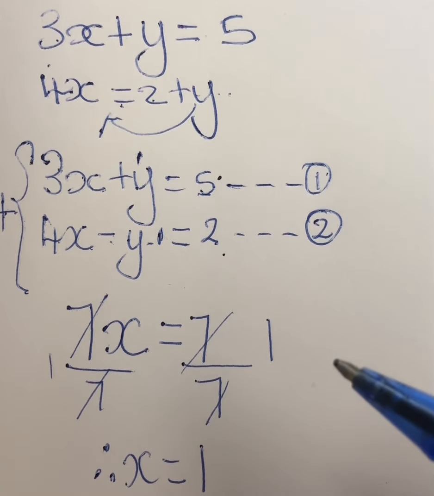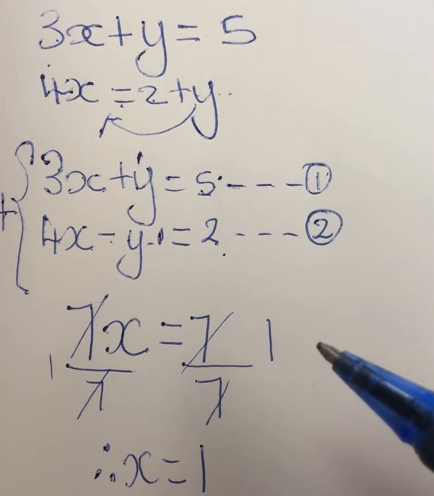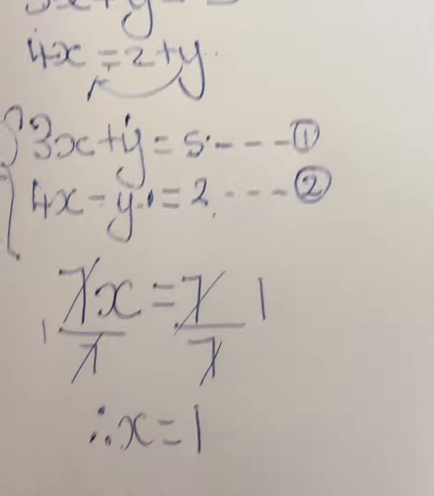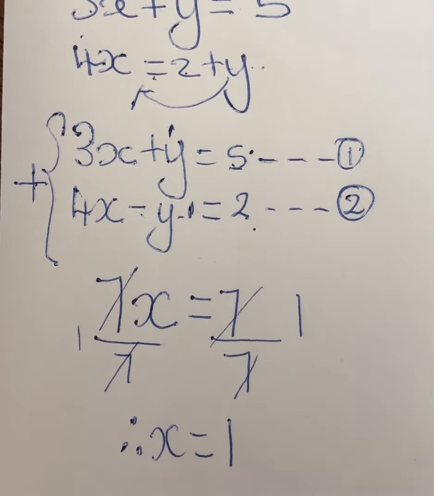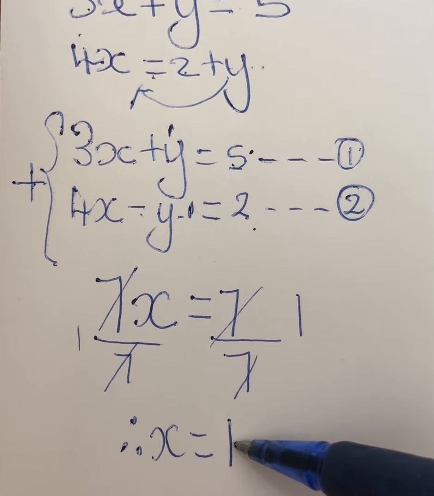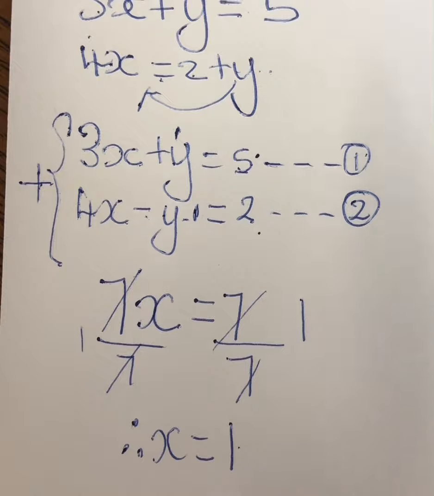But remember, this is a pair of simultaneous equations. So I must have an answer for x and an answer for y. So let's look at our y now. What we do here is to substitute this value into any of our equations.